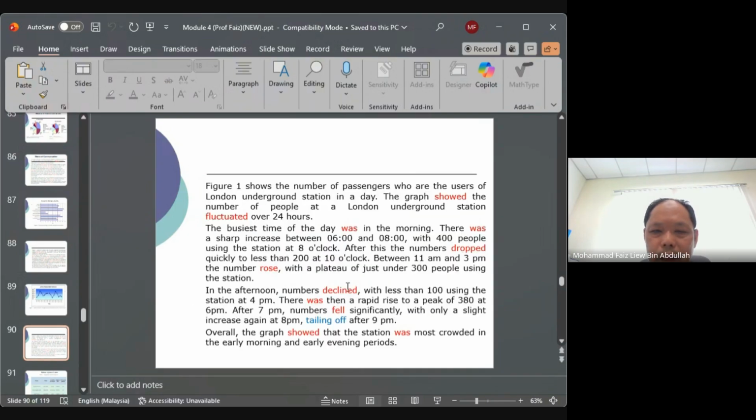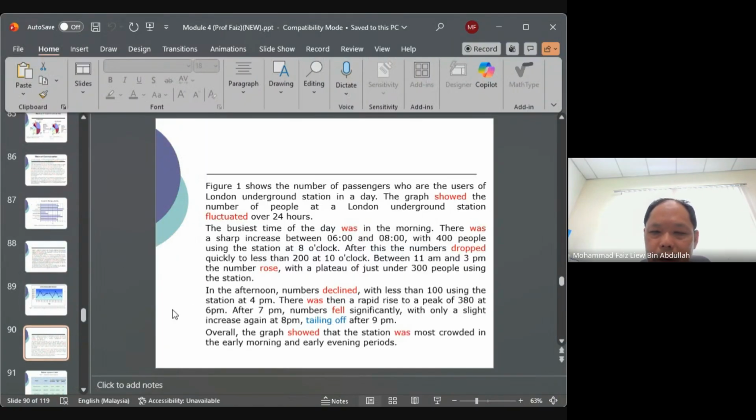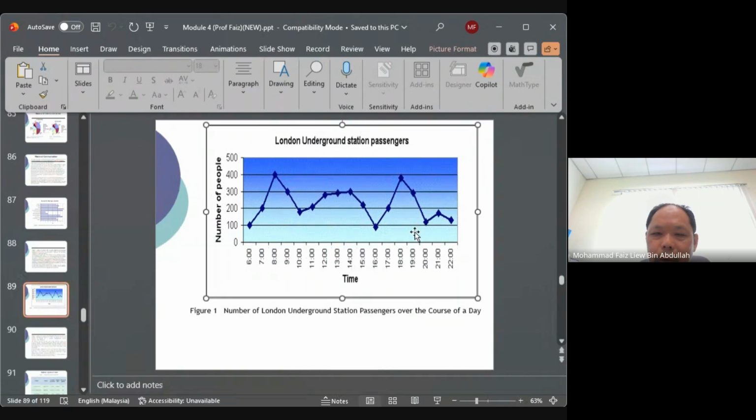Then between 11 and 3, the number rose again. Even though it rose a bit slowly, we can say it rose a bit, to 300 people using the station. Then in the afternoon it declined to 100, around 4.